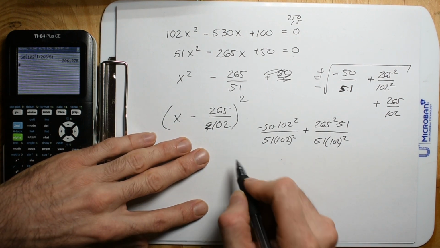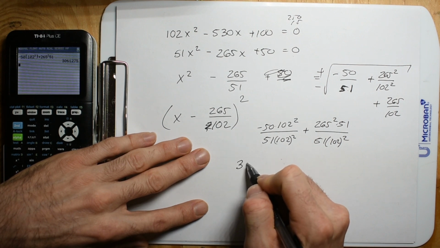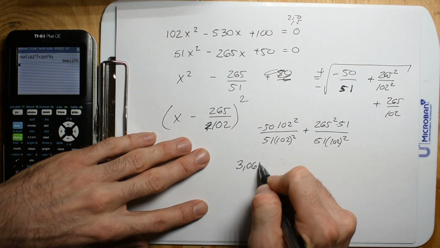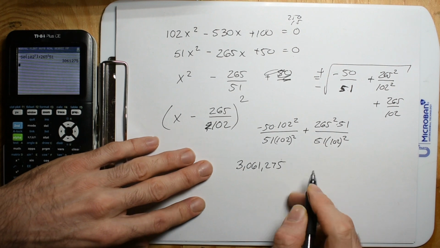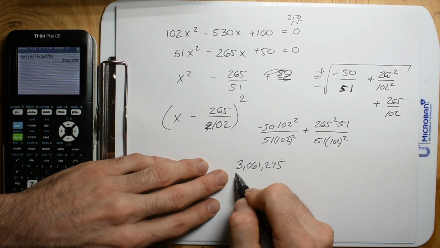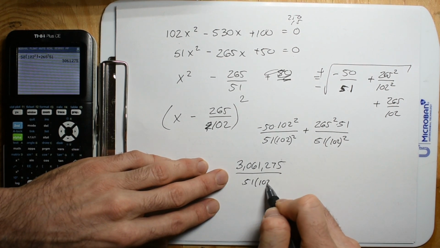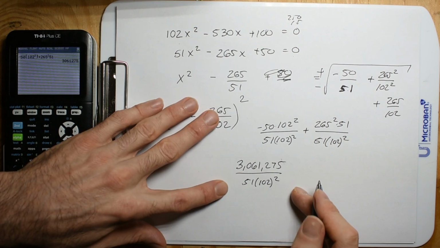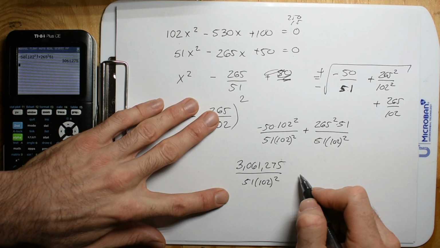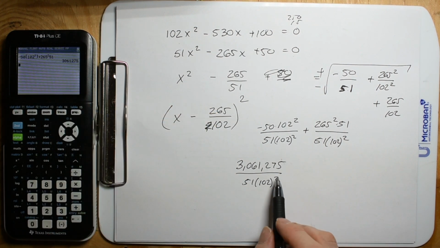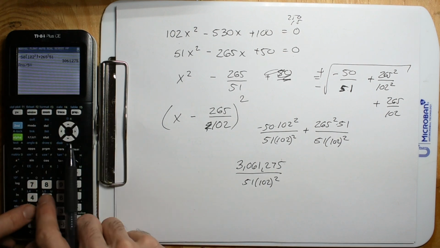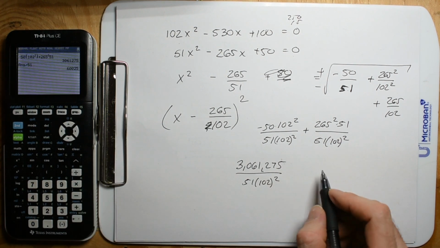So I have 3,061,275 divided by 51 times 102 squared. And cool. Can I divide this by 51? Yes, I can. So there you go.